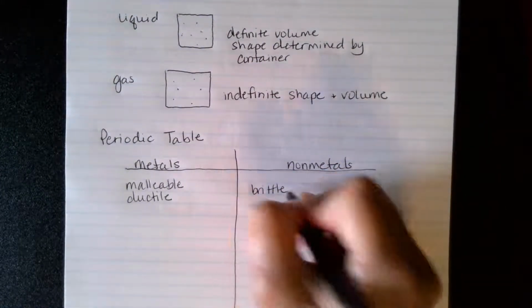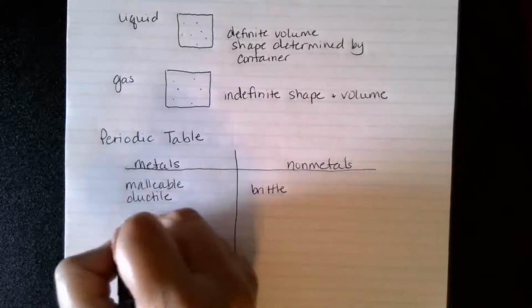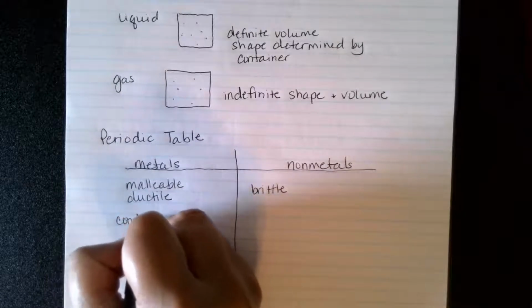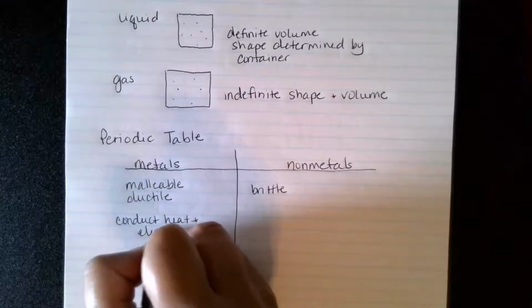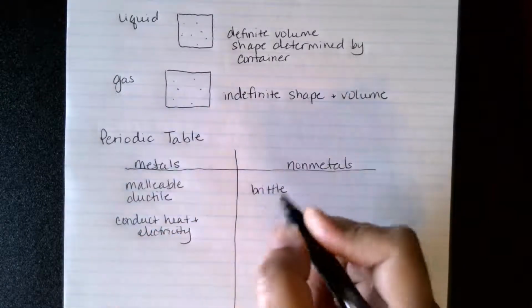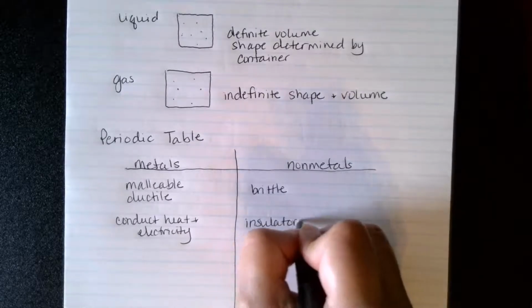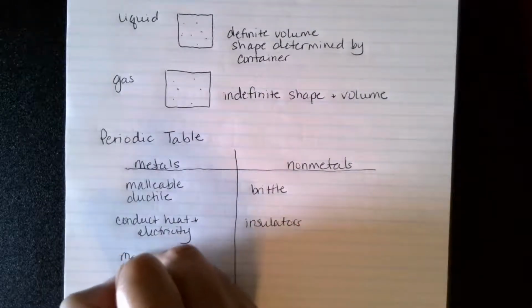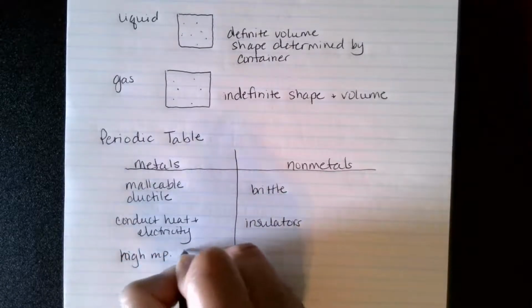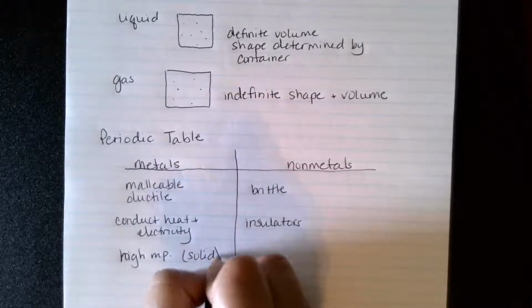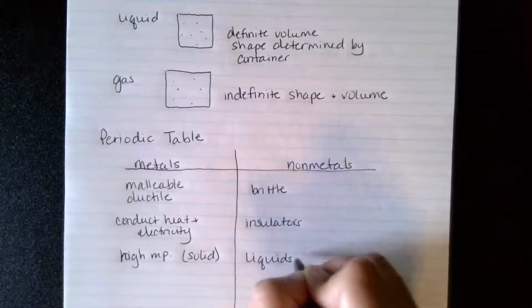Like if you tried to pound them flat, they would just crumble. In addition, our metals will conduct heat and electricity. However, our non-metals are insulators. And our metals have high melting points, and they tend to be solids, whereas our non-metals tend to be liquids or gases.